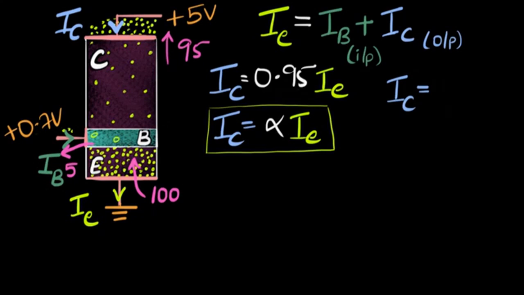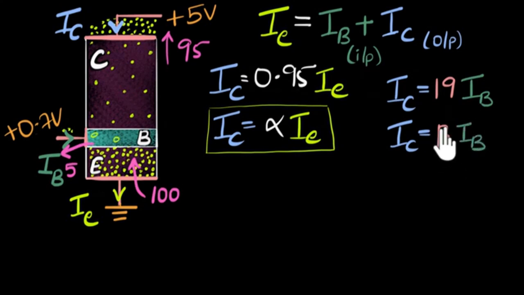So we could say IC is 19 times more than IB. And in general, this number is called beta. So usually you would see people writing it as IC equals beta times IB.